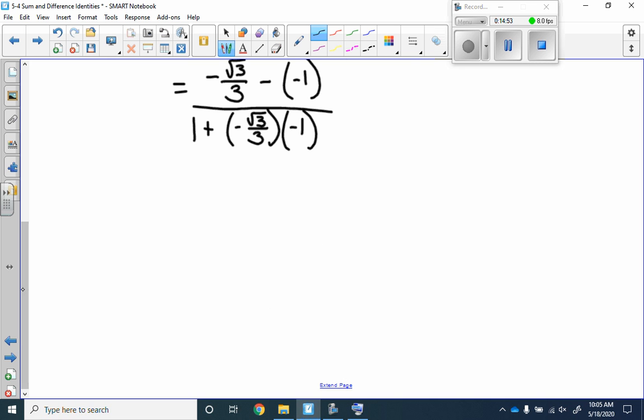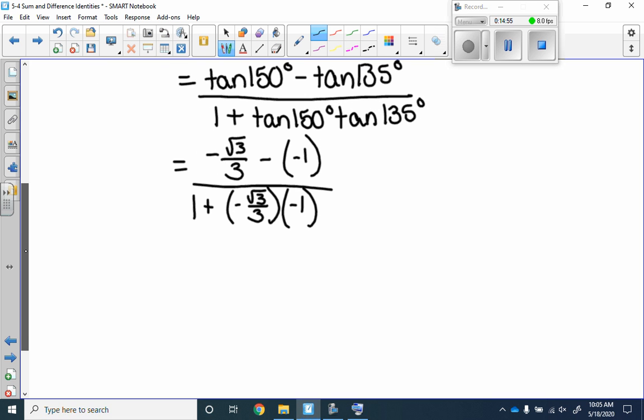Alright, so now you get to the simplifying part. I'm going to work off to the right here so I don't take up too much space. Common denominator between these two. First of all, if you want to do your double sign change, you by all means can do that. 1 would be the same thing as 3 over 3, right? So when I'm adding these together, I'm going to get negative square root of 3 plus 3, all over 3.